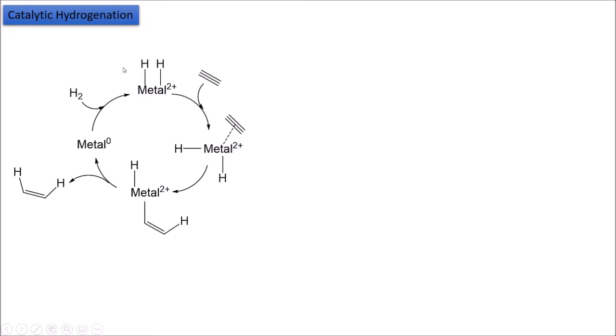This reaction right here is a review of catalytic hydrogenation. In catalytic hydrogenation, we talked about in the alkene chapter that an alkene in the presence of a catalytic metal will add molecular hydrogen to go from an alkene to an alkane. In alkyne chemistry, which is the focus of this chapter, we see the exact same catalytic cycle with all the same features, and it ends up turning your alkyne into an alkene.